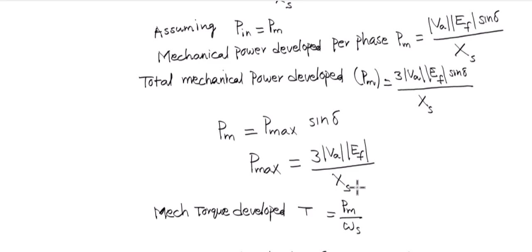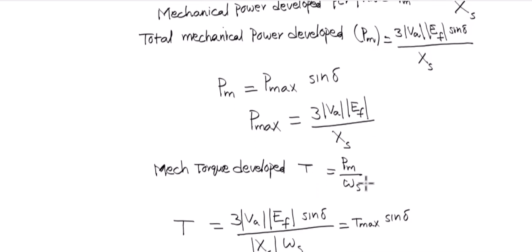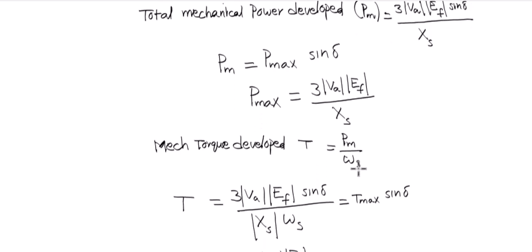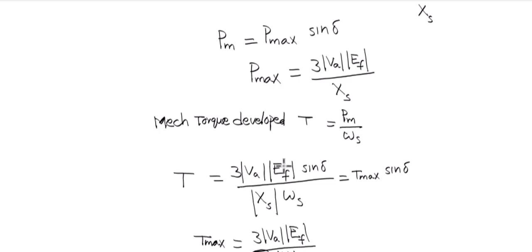So we know the power and torque relation, that is power is equal to omega into T. Since the motor runs at synchronous speed, the mechanical torque developed T is equal to Pm by omega s, where this omega s is nothing but the synchronous speed of the motor. And then the total torque can be written as 3 Va into Ef sin delta divided by Xs into omega s.